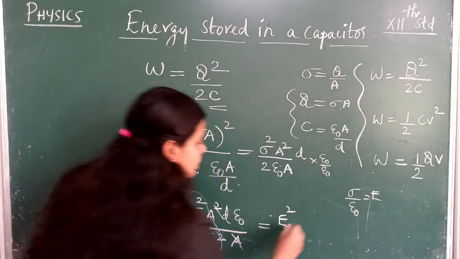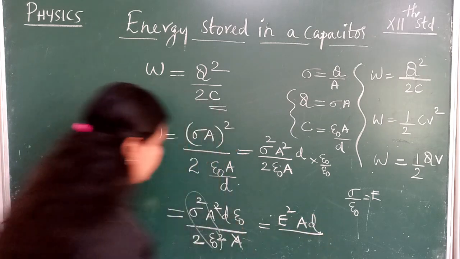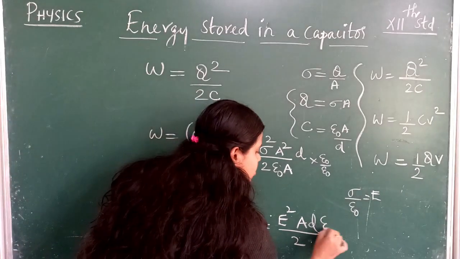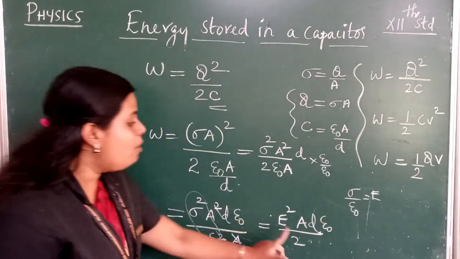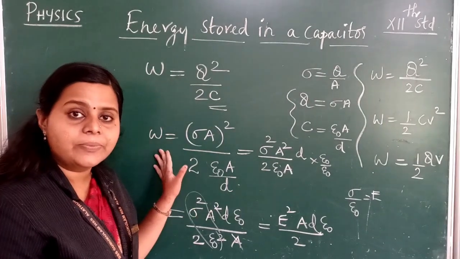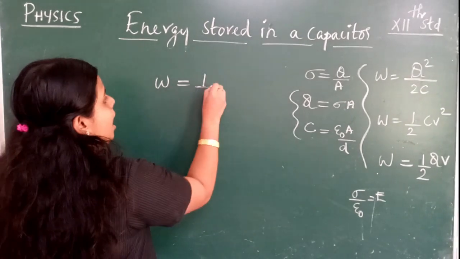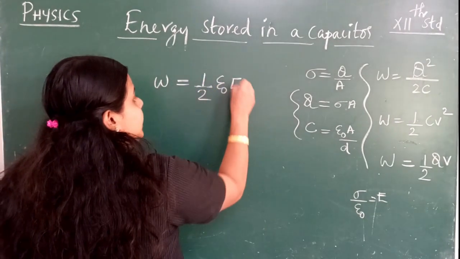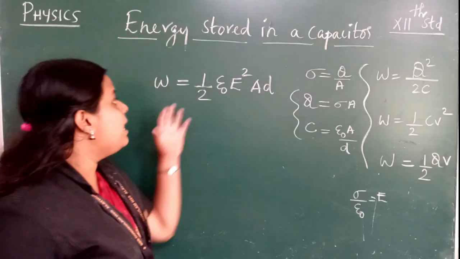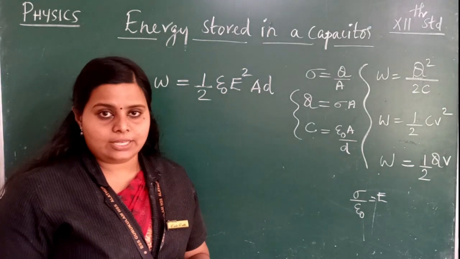Remaining terms A, D divided by 2. Also epsilon 0 is there. So now what is the expression for the work done or energy stored in a capacitor? Yes, the work done W is equal to half epsilon 0 E square A into D. So this is another expression for the work done or energy stored in a capacitor.